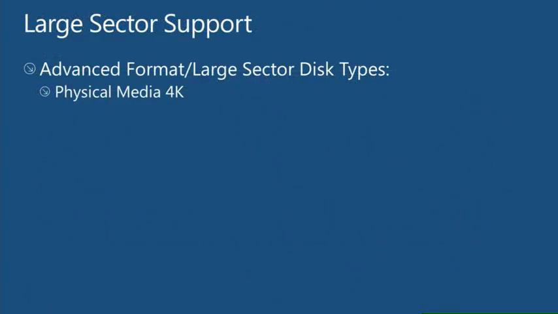Let's talk quickly about large sector disk support. If you traditionally go down to MediaMart or Best Buy in the US and buy a 3 terabyte disk today or a 4 terabyte disk, what you're going to get is a large sector disk. Traditionally, disk manufacturers used to have a sector size of 512 bytes.